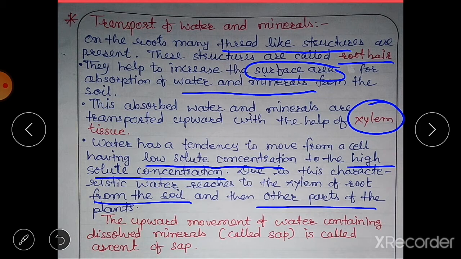The upward movement of water containing dissolved minerals is called ascent of sap. And what is sap? Sap is the minerals that are dissolved in the water. So ascent of sap means the movement of water upwards.